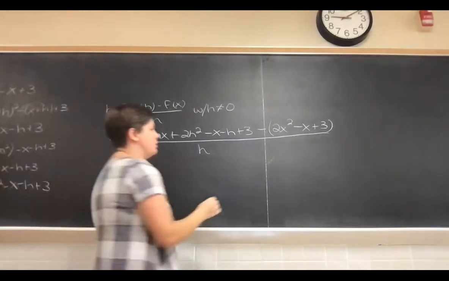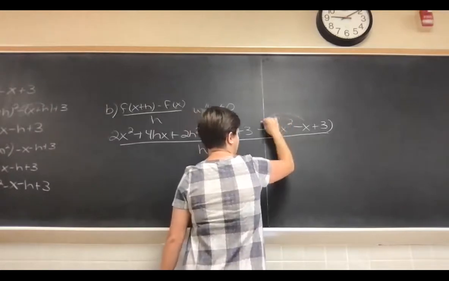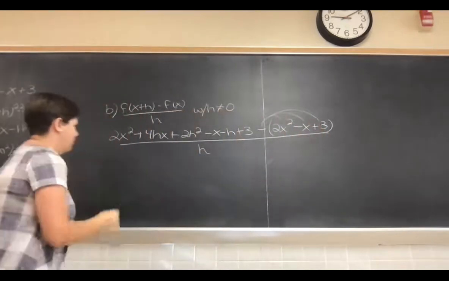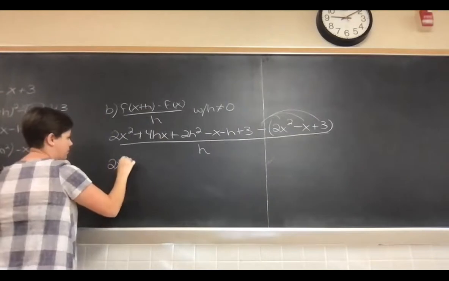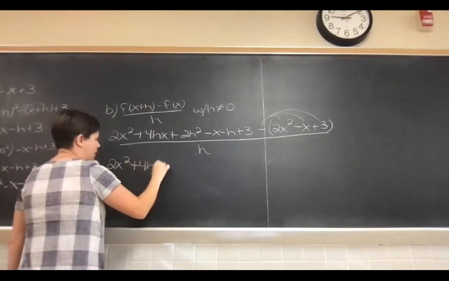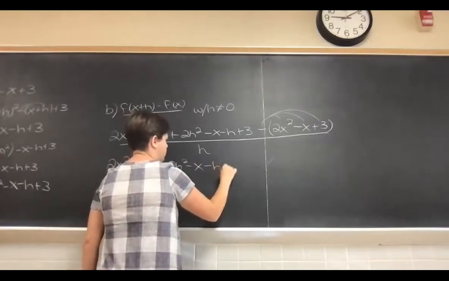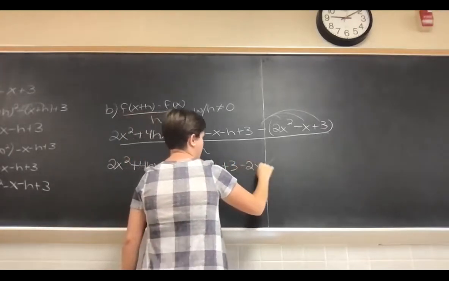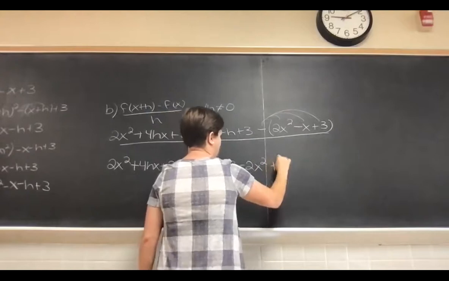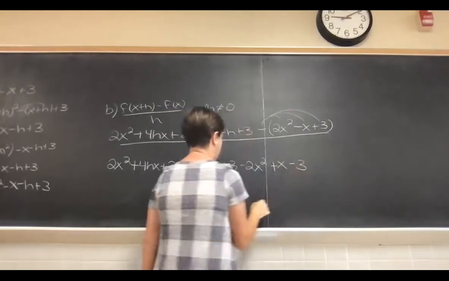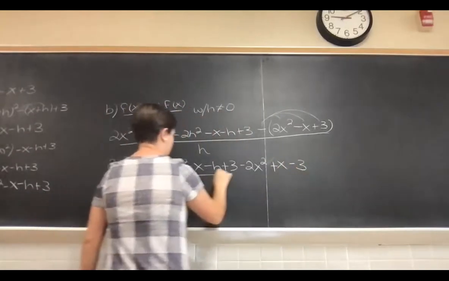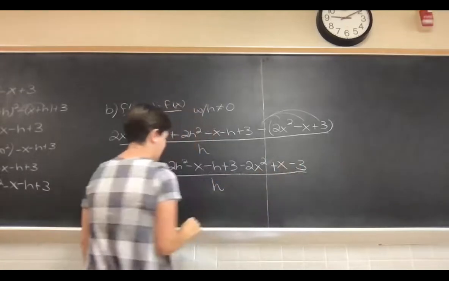So the only thing I can do is distribute my negative in. So 2x squared plus 4hx plus 2h squared minus x minus h plus 3 minus 2x squared plus x minus 3, all over h.